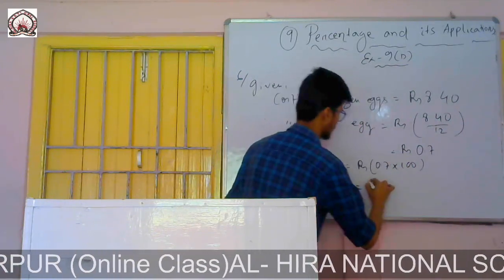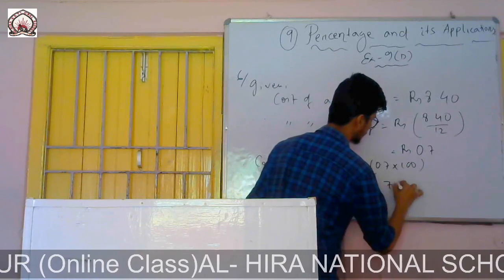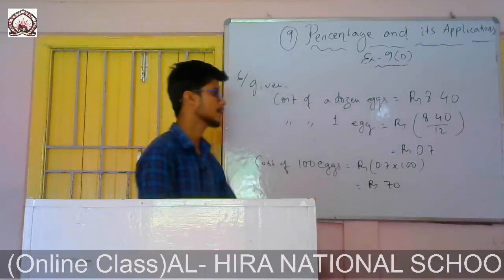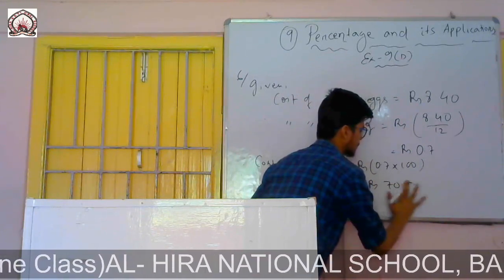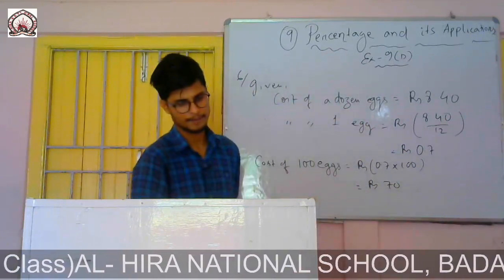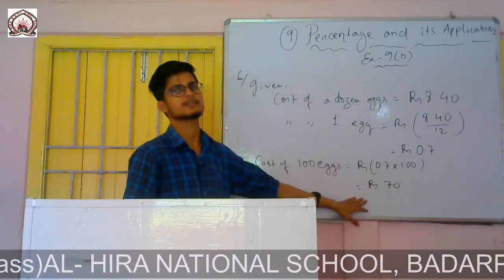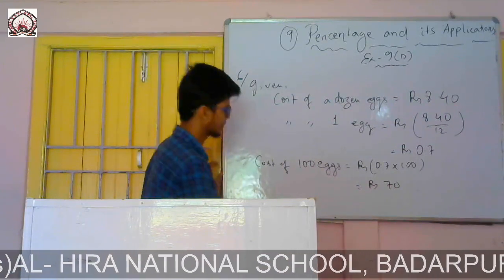It is rupees 70, because it will be 700, then before one place I have to put the decimal, so no need to write that part. It is rupees 70. So now we have got the cost price. Cost price is rupees 70.